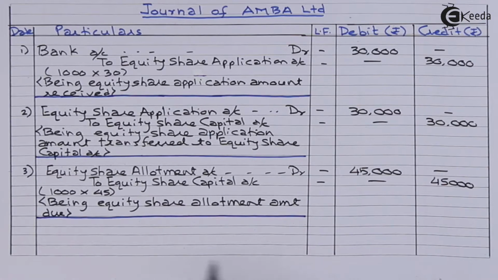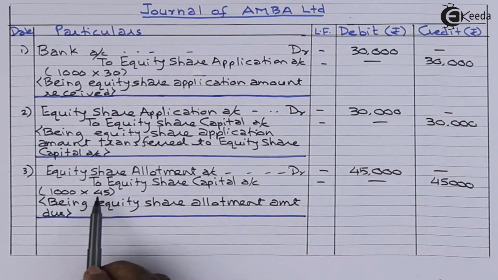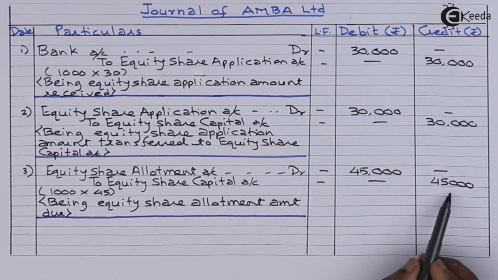So our entry for allotment is equity share allotment account debit 45,000 to equity share capital account 45,000.